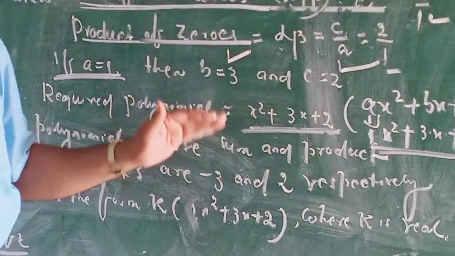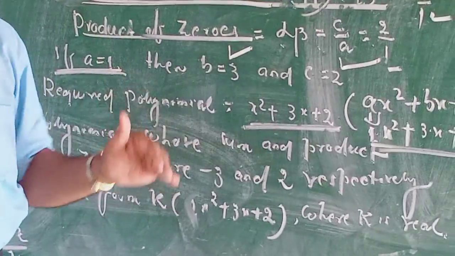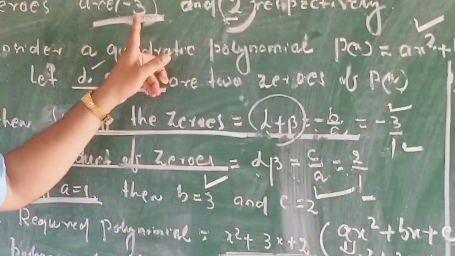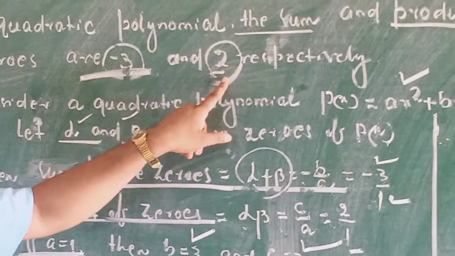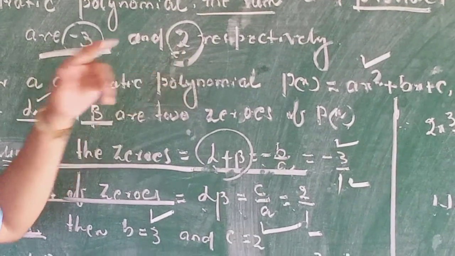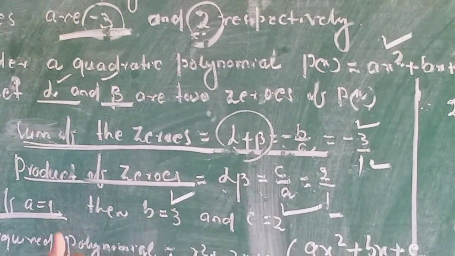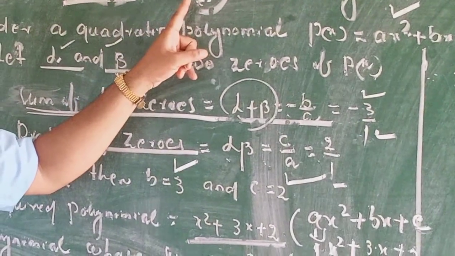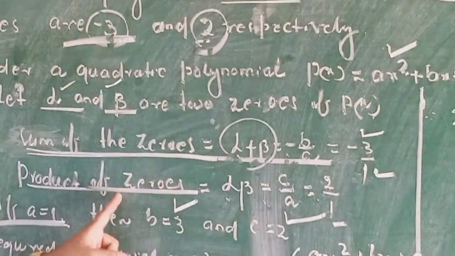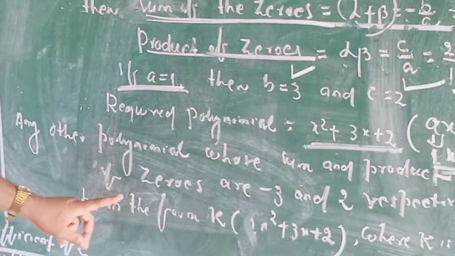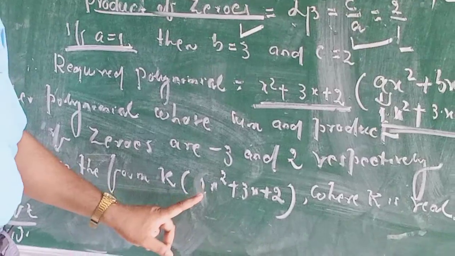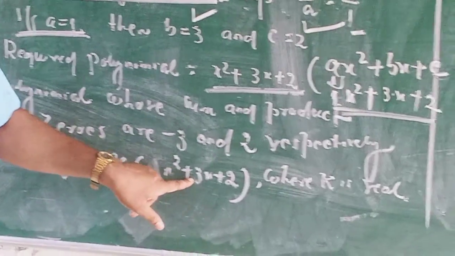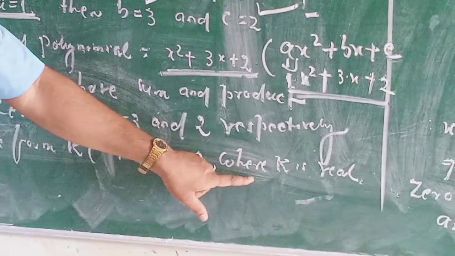Now we have to see if there is any other polynomial whose sum of zeros is -3 and product is 2. Yes, there are many polynomials. So in general, we write k times x square plus 3x plus 2, where k is a real number.